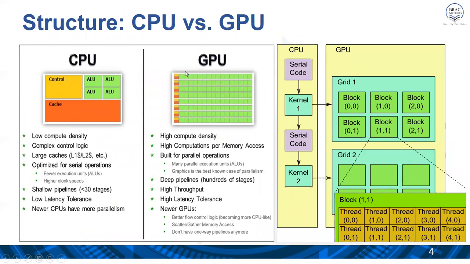On the other hand, the GPU consists of a lot more processing units. We can see here the green blocks. There are a lot of green blocks as compared to the CPU available in GPU. And there are several controls and cache memories available in the GPU.